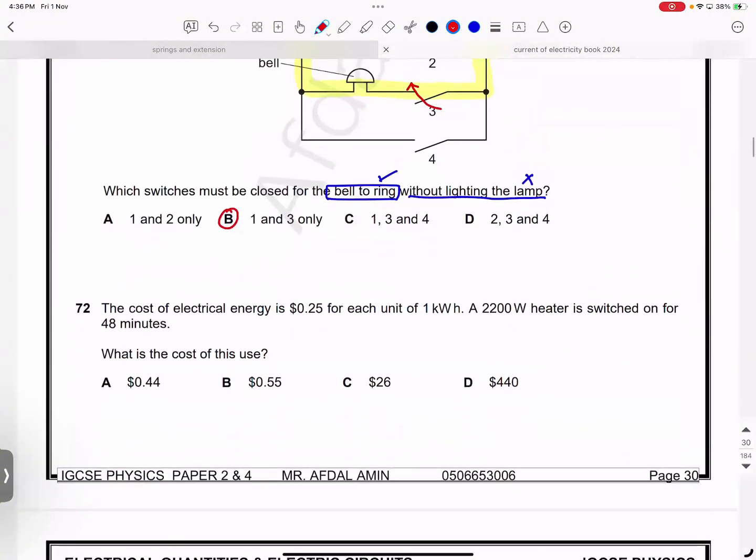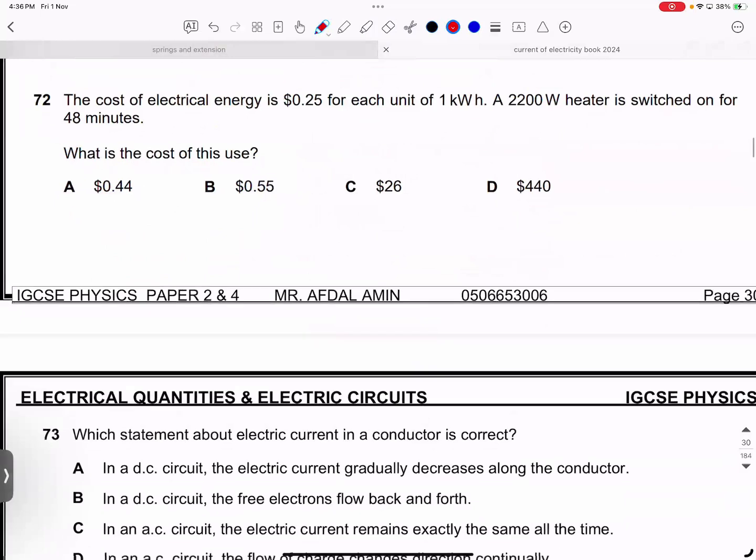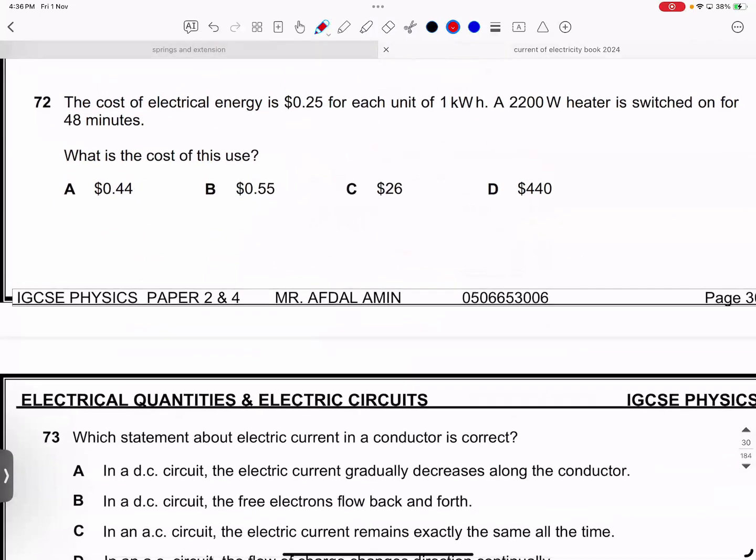Question number 72. We have very few questions in this topic of kilowatt hour. It's a newly added topic in IGCSE physics. I will put a star so that you should review it later. The cost of electrical energy for each unit is 1 kilowatt hour. Kilowatt hour is actually the energy.